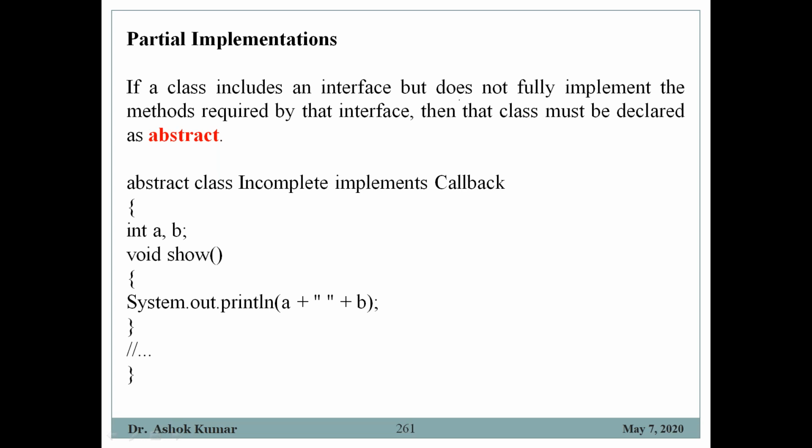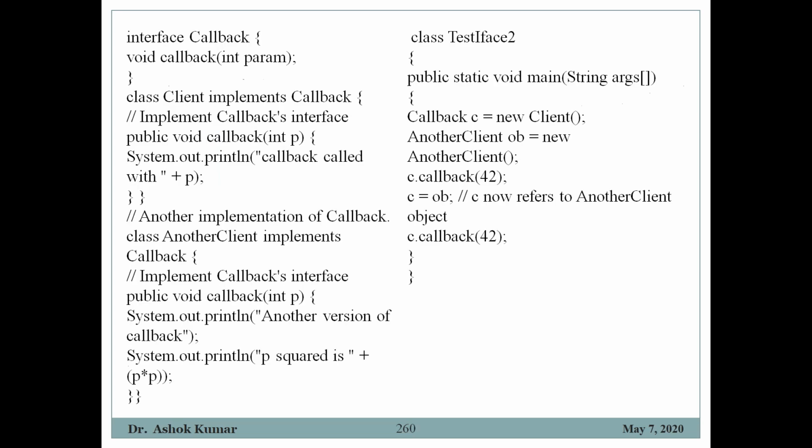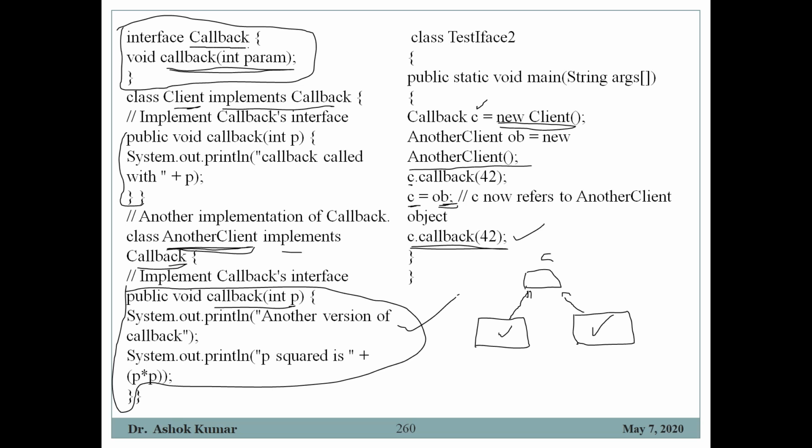As in this example, we are partially implementing callback. As we discussed earlier, there is one method in the callback interface, and that method name is callback in small c, right? And the interface name is Callback, with capital C. Java is case sensitive, so this is possible.